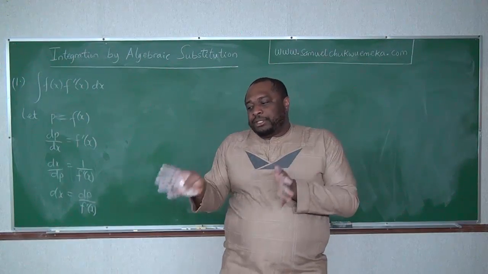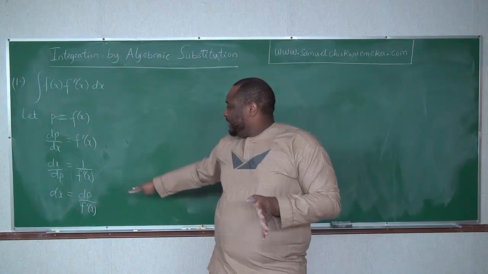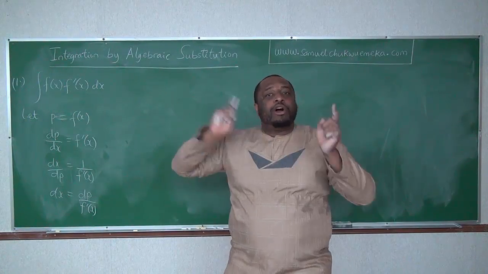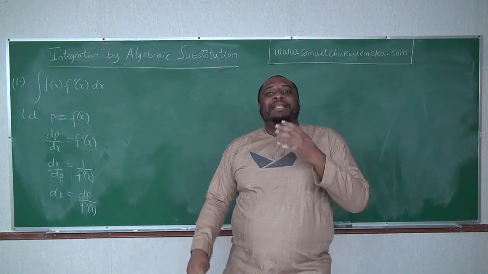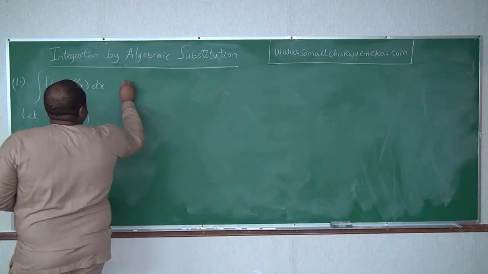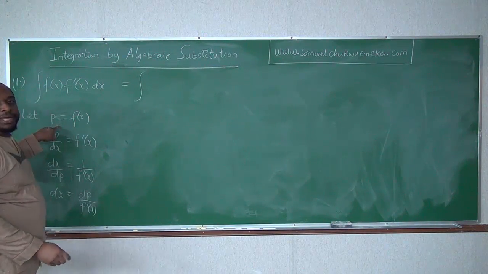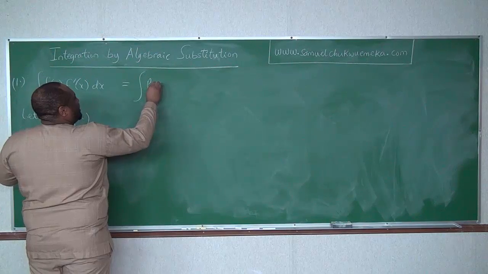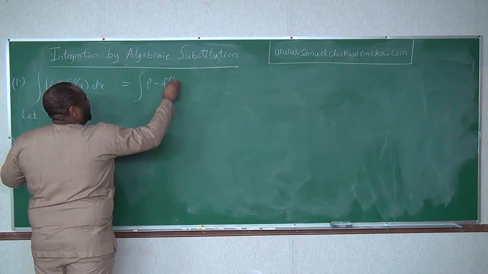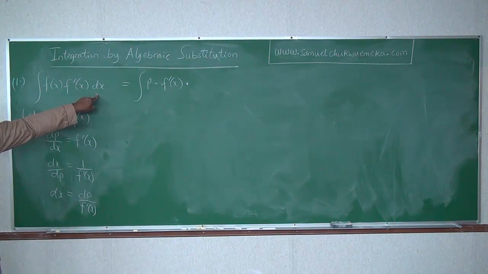When we do some substitution, we take the derivative. Then we find the dx. That's the way we do algebraic substitution. Now after that, we substitute. So this will now be the integral of f of x, which is our p, so p times f prime of x times dx.